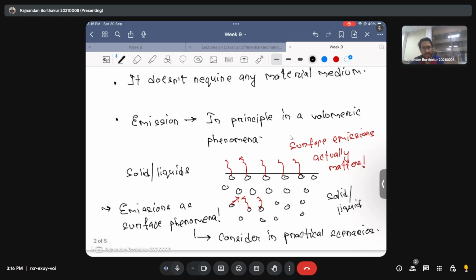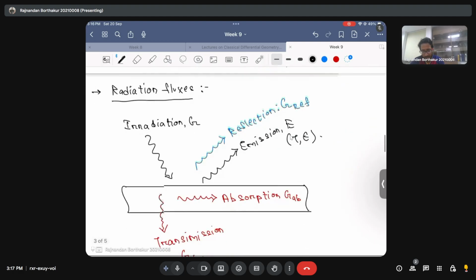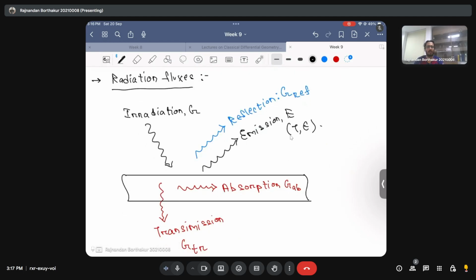So now we begin our understanding of trying to quantify this emission. The first approach, in general, of quantifying this emission is by trying to understand the radiation fluxes. As you can see from your screen, there are a couple of radiation fluxes that you need to understand in order to quantify this emission when we talk about radiation exchange taking place from a surface.